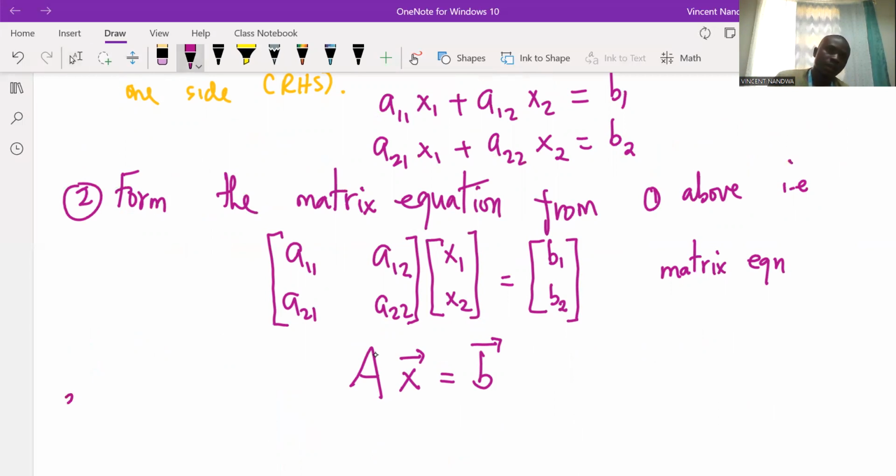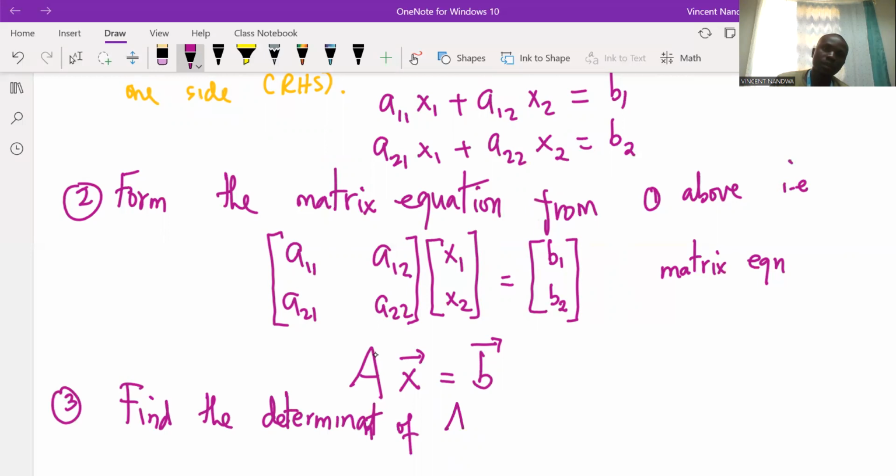So number 3, find the determinant of A and its inverse. So once you have formed the matrix equation, this coefficients matrix gets its determinant that is going to help you get the inverse.